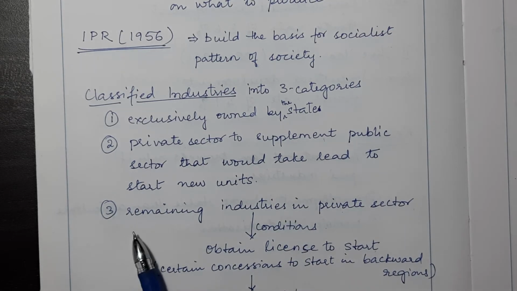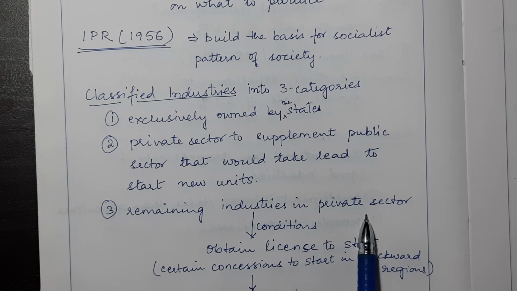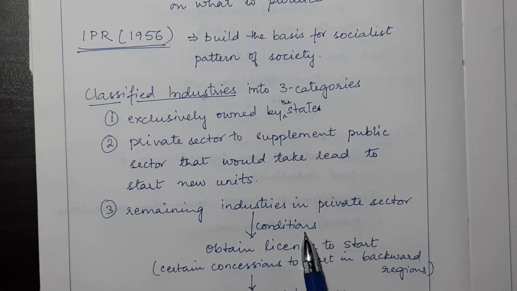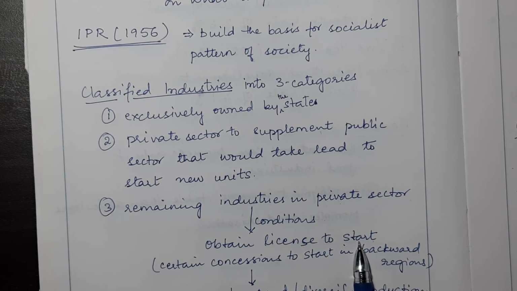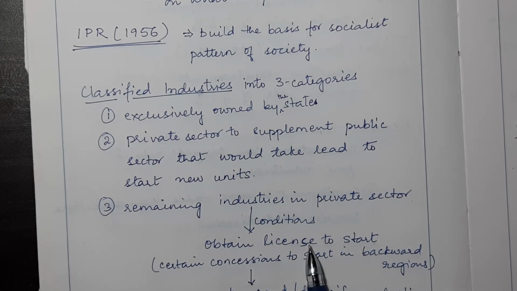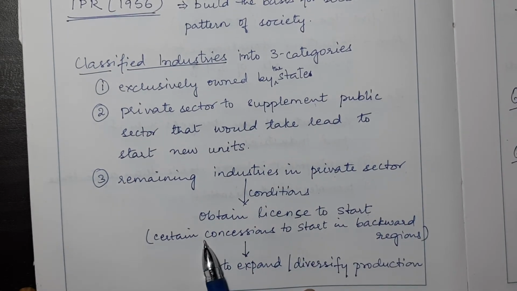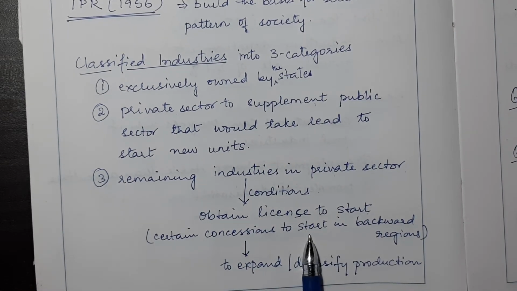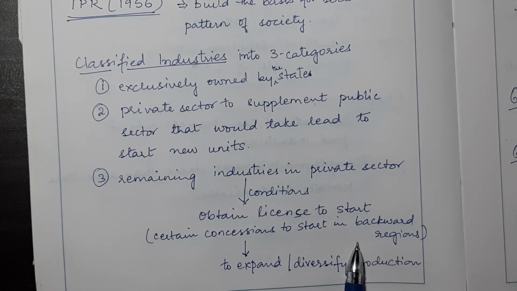Now, the third category included the remaining industries in the private sector. However, they had some conditions to be followed. If they had to start a new industry, they had to obtain a license from the government. However, certain concessions were given to start a new industry in the backward regions because this would promote the upliftment and improvement of the condition of the backward regions.